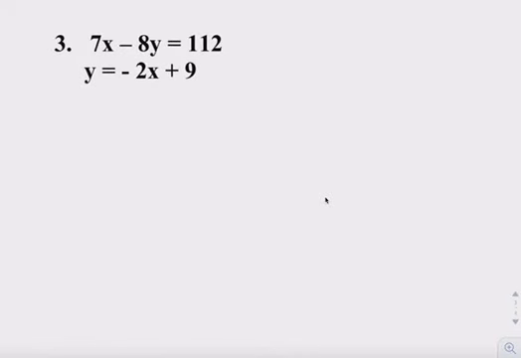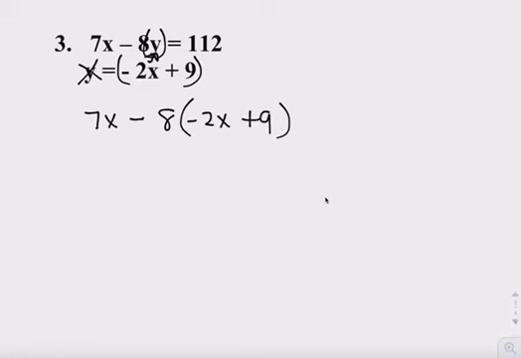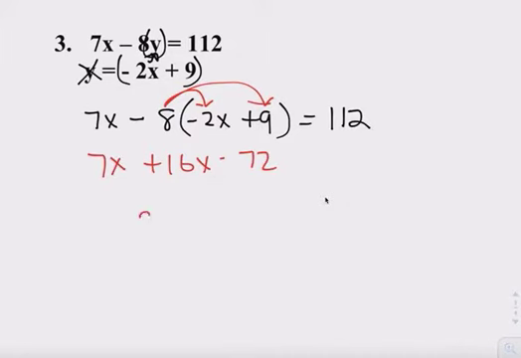Well, hopefully this is nicer. I need to go back and change it for next year. Okay, take this in, substitute it in there. 7x minus 8 parentheses negative 2x plus 9 equals 112. Distribute: positive 16x, negative 72. 23x.